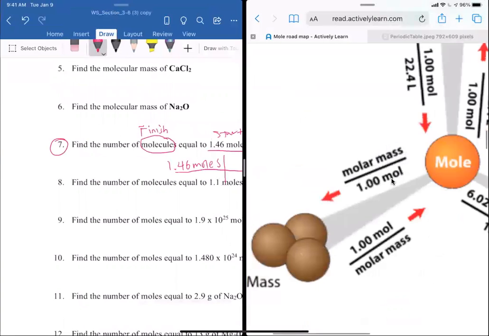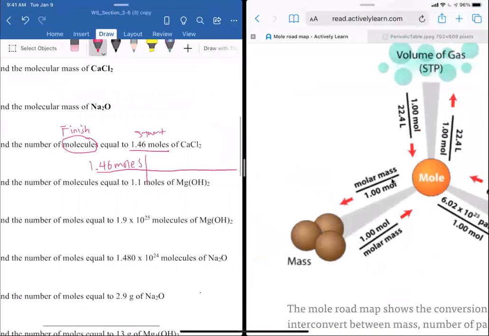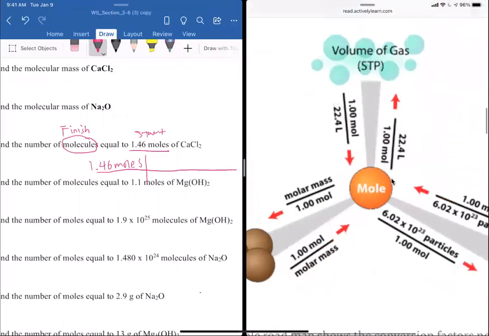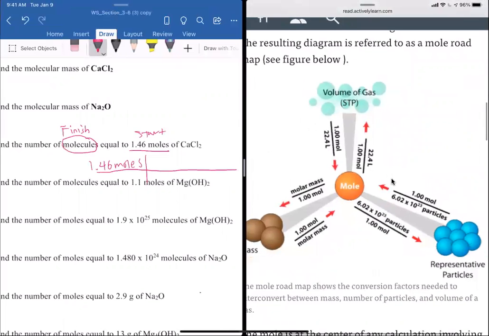Okay. So if I have moles, meaning I start here, and then they say I end in molecules, which way am I going? Am I going down to particles or am I going down to mass? What do you guys think? Particles, yep.